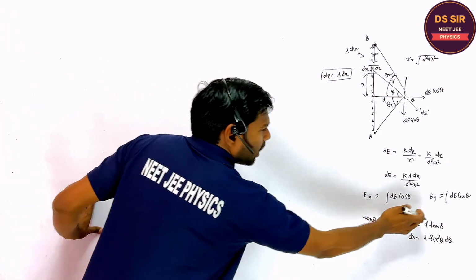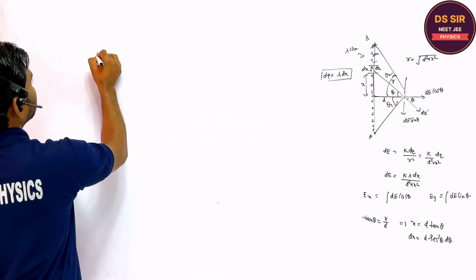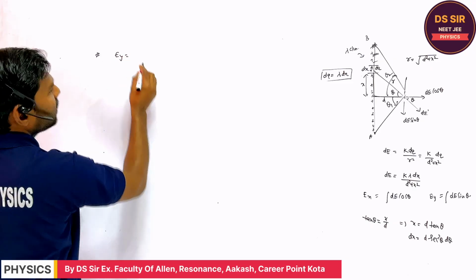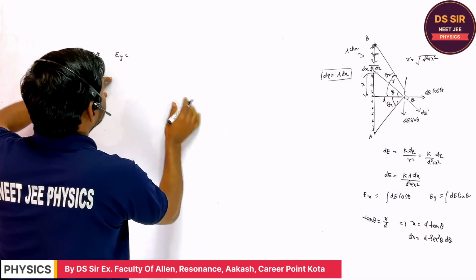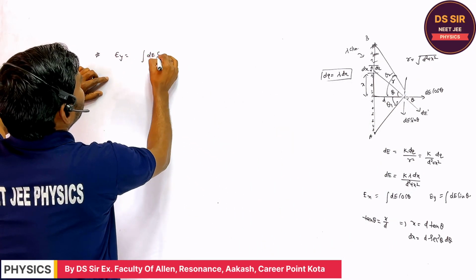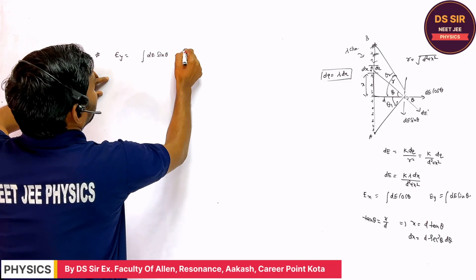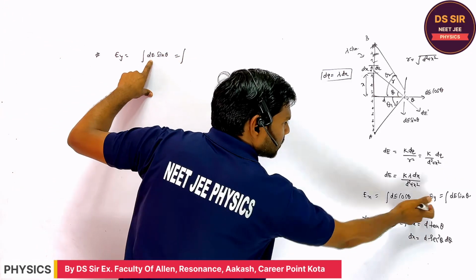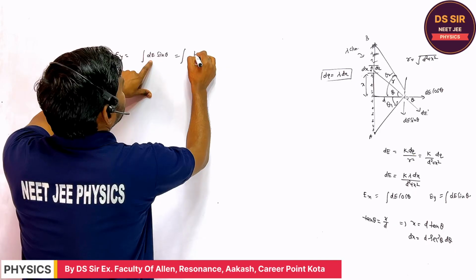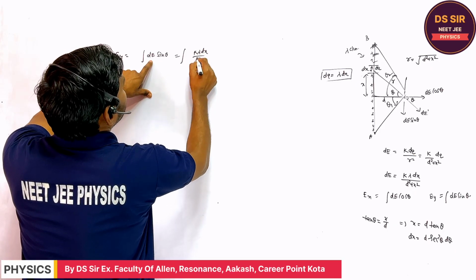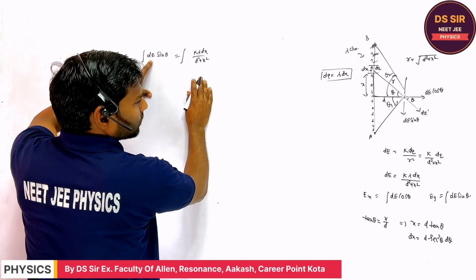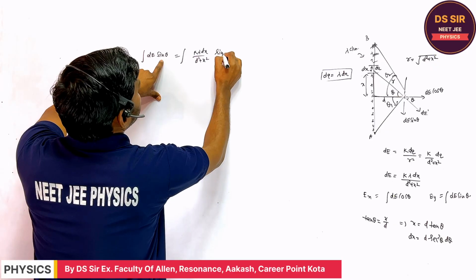Okay, now I'm going to calculate the Ey, right? The Ey, the y component of the electric field, is nothing but the integration of dE sin theta. Again, what is the dE? The dE is k lambda dx upon d square plus x square, and this is the sin theta. Again, dx is what?